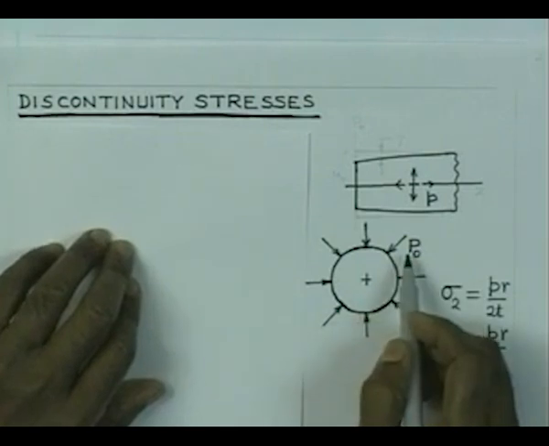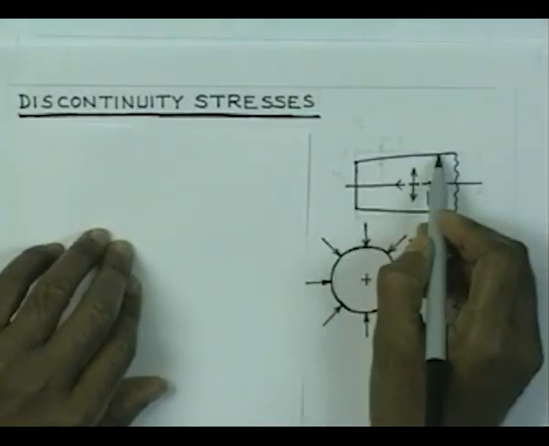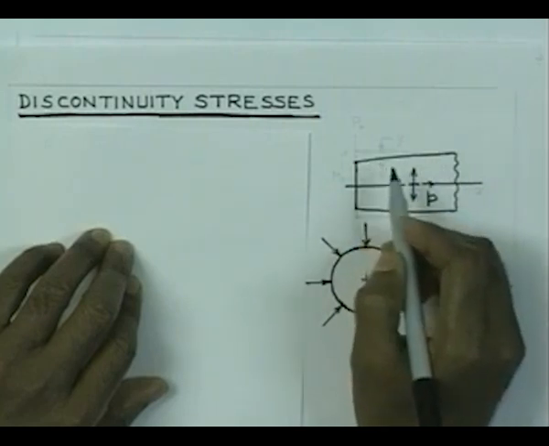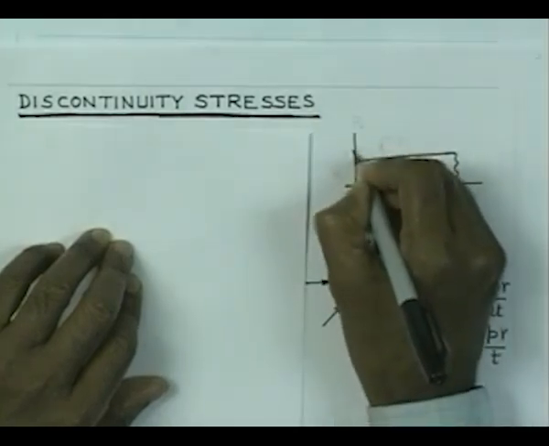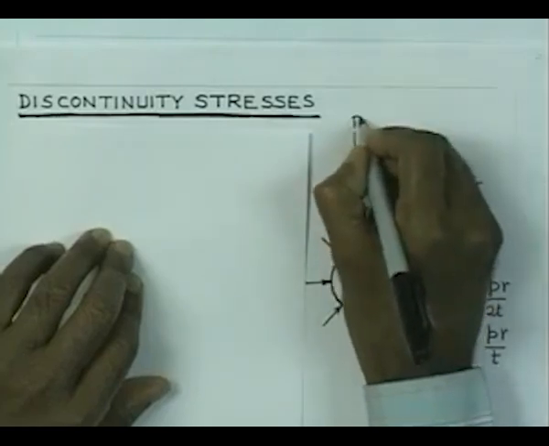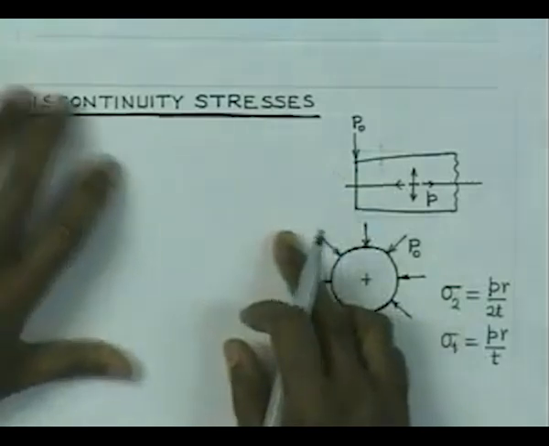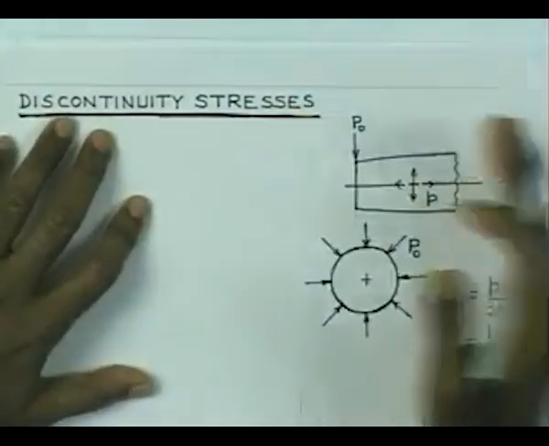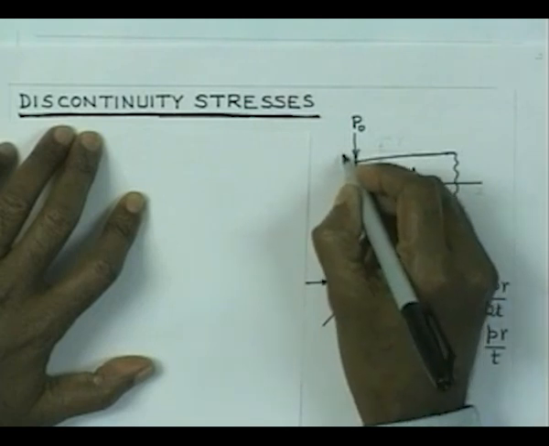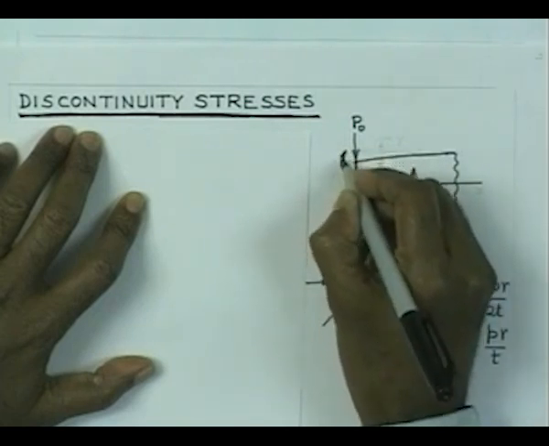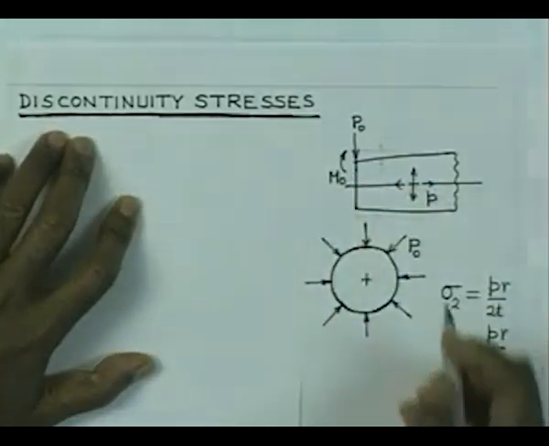Now, because of the presence of the force, we expect the deformation to take place, and hence there will be discontinuity stresses. And if we consider the force which is going to come up, if it was a continuous vessel, and if we just segregate this portion from the rest, then we are going to get internal forces, let us say P0, and also we are going to get some moment here which is represented by, let us say M0.